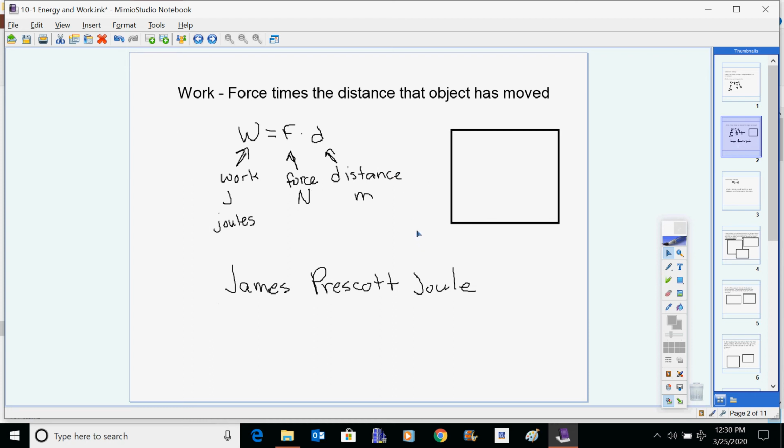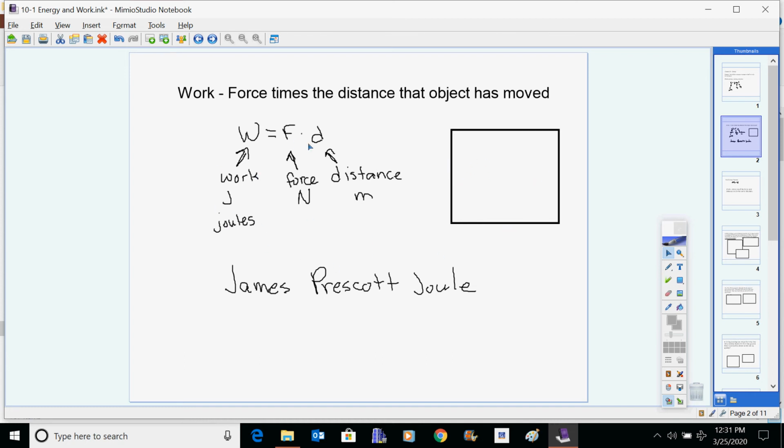Now, work has to do with how much force was applied and the distance through which that thing moved. So work means force times distance. Force we know is measured in newtons, which is a kilogram meter per second squared, and you multiply that times another meter, and you end up with a kilogram meters squared per second squared, which is what we just said a minute ago, which is the unit for joules.